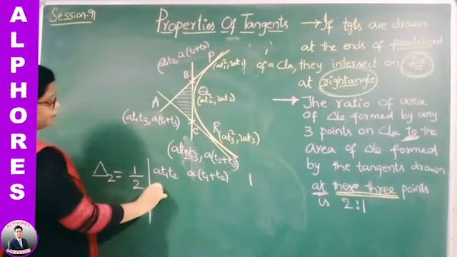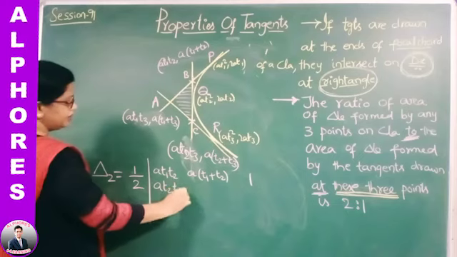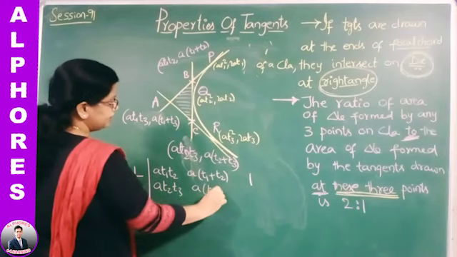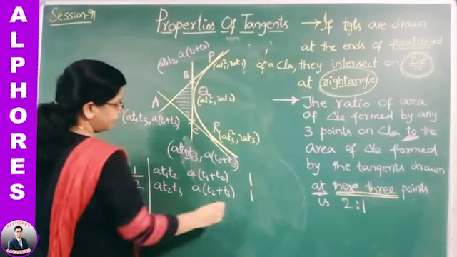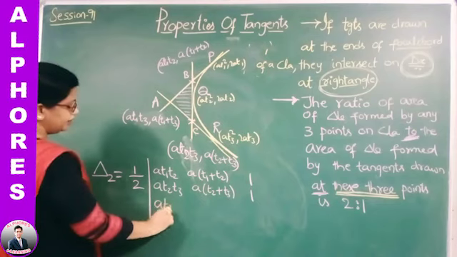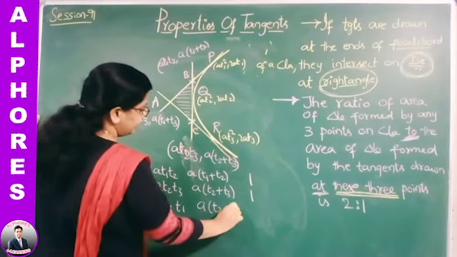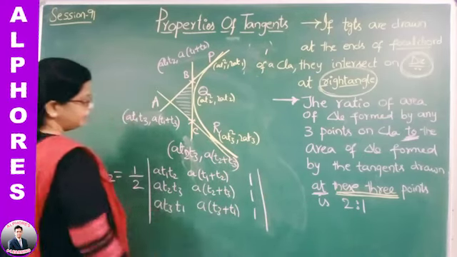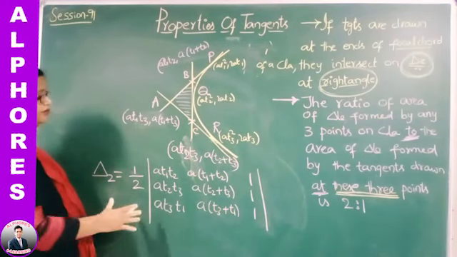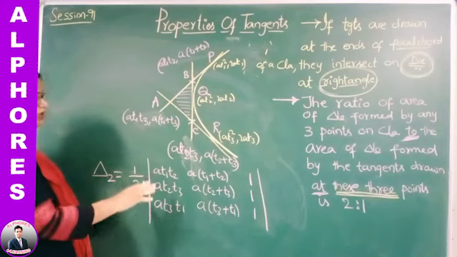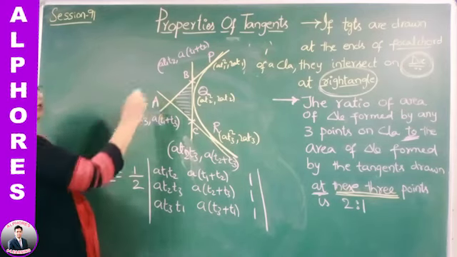And next a T2 T3, and this is a into T2 plus T3, this is again 1, and this is a T3 T1, and it is a into T3 plus T1, then again this is 1. Understood all of you? So in this way you can obtain the area formed by the 3 tangents.